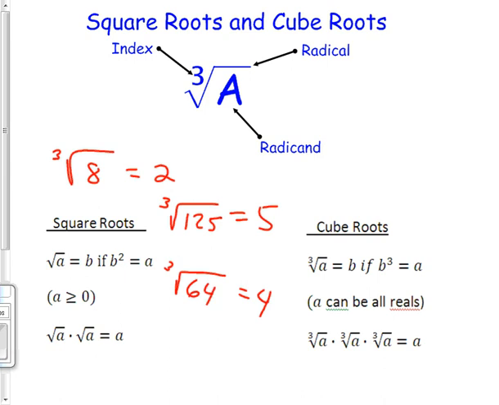The 64 is what you get when you go 4 times 4, which is 16, times 4. And then the last one I'll have you memorize is the one that comes out with an answer of 3. Think about that. What times what times what? 3 times 3 times 3, 27. Cube root of 27 is 3. All right, so make sure you know those, because those have to be easy.